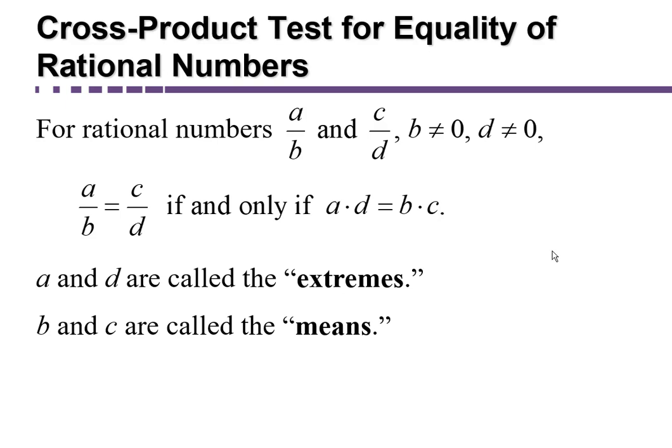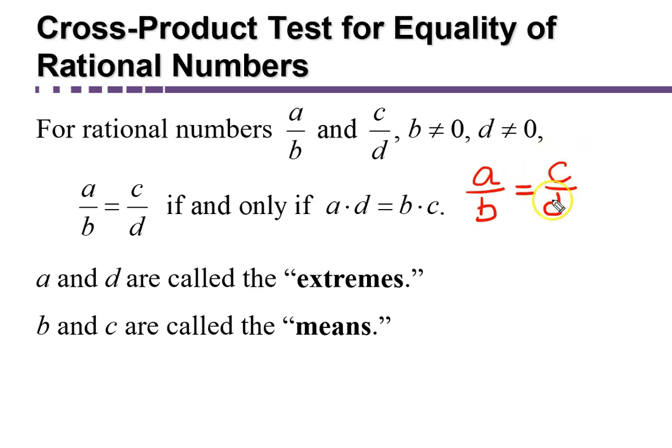Now, another kind of background item is the cross product test for equality of rational numbers. And to put this simply, if you have A over B, which is a fraction, and that we're saying is equal to C over D, which is a fraction.